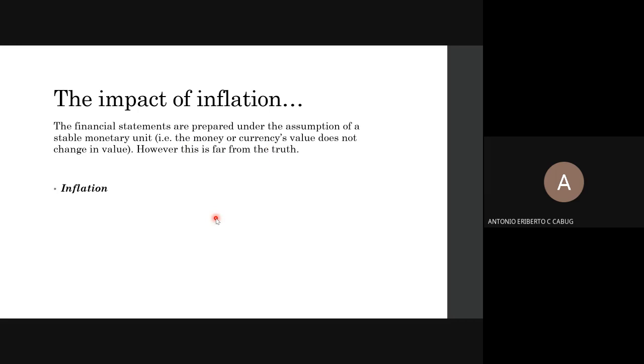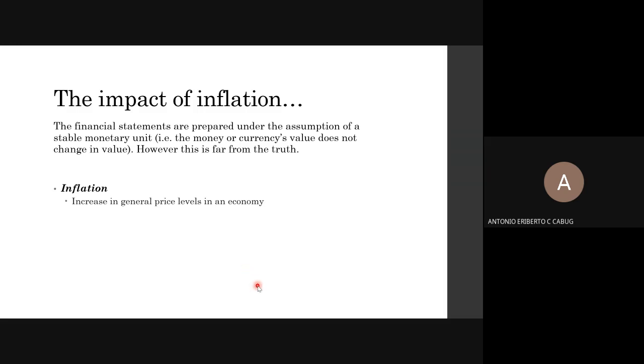We know that inflation is a reality. General price levels in the economy do increase, right? Tumataas naman talaga yung presyo. So, the 1 peso in the balance sheet 10 years ago is more valuable than the 1 peso in the balance sheet now. Unfortunately, we ignore this difference in the purchasing power of money when we analyze FS.